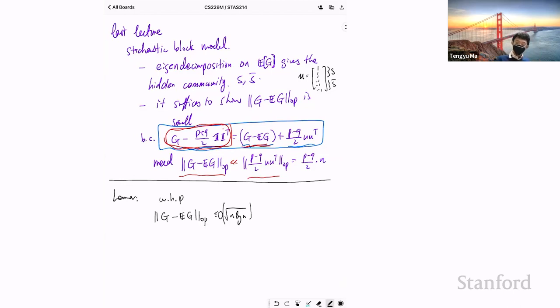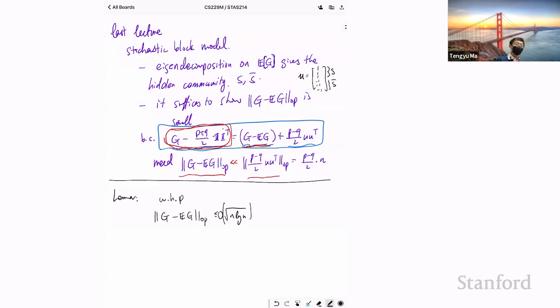At first sight, this is not exactly the type of concentration inequality we have talked about before, because before we were talking about scalars, where the empirical average concentrates around the population average.